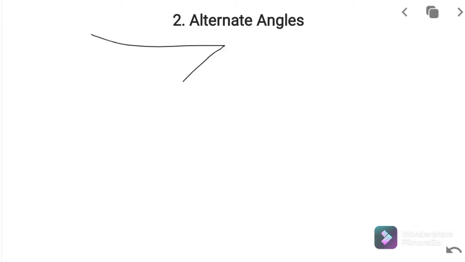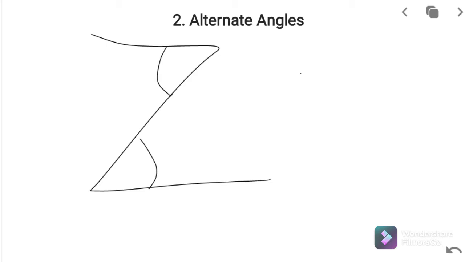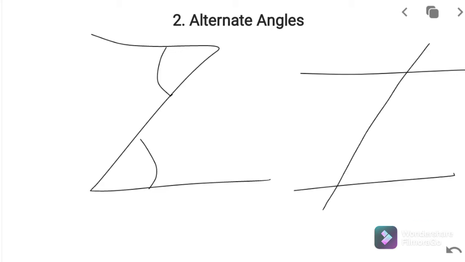I'm going to just draw it here instead. They usually form a Z shape. That's how I easily identified them when I was learning them in 7th grade. We're taught that they are angles that form a Z shape. We have here and here. Angles that are formed like that are called alternate angles.